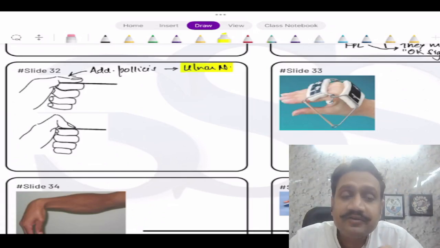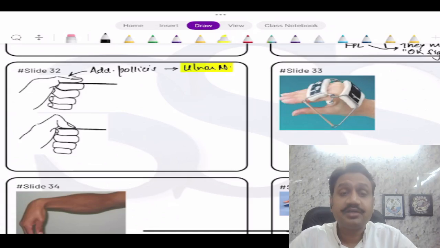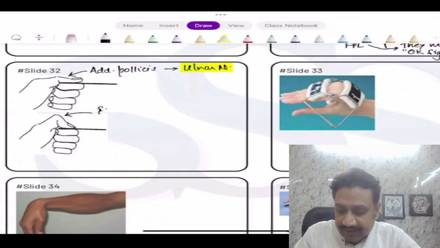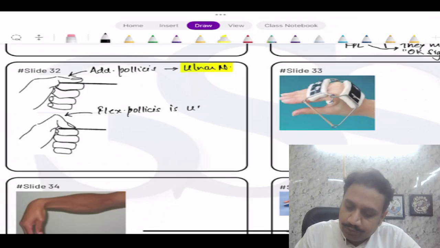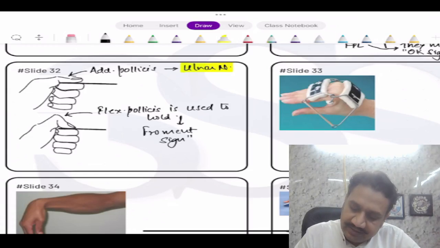Whenever the ulnar nerve is paralyzed, the adductor will not be working, and then the patient will be using the median nerve, that is the flexor pollicis, which I was telling you in the previous step, right? So this is the use of flexor pollicis, to hold the object. And now this sign will be called as what? The Froment sign, okay?